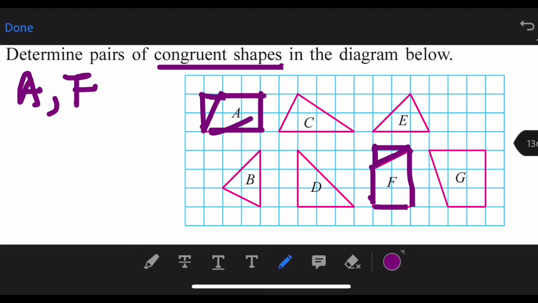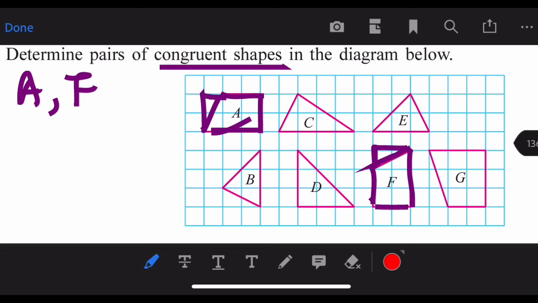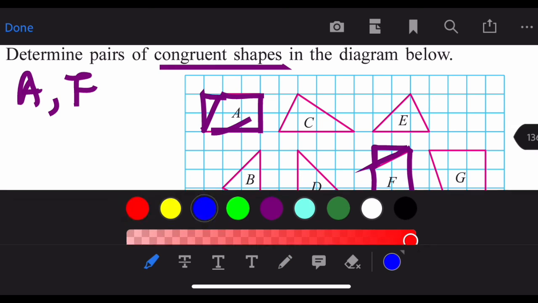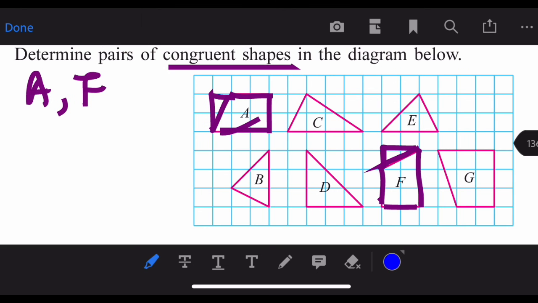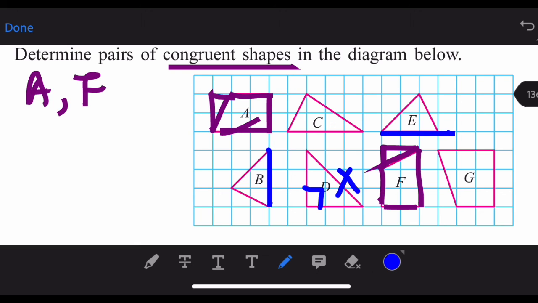Let's go to another one. This one is a 90 degree, but I don't see any other triangle that has a 90 degree. This one is 3, this is 3, right?